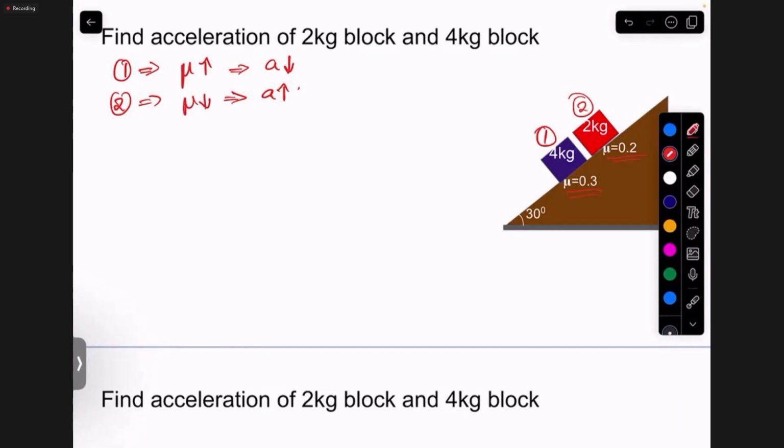Since block one has a smaller acceleration, block two will speed up and collide with block one, and eventually both of them will slide down together. The block with larger mu will have the smaller acceleration, and that smaller acceleration will be the common acceleration of both blocks. Okay. What if it was the other way around?